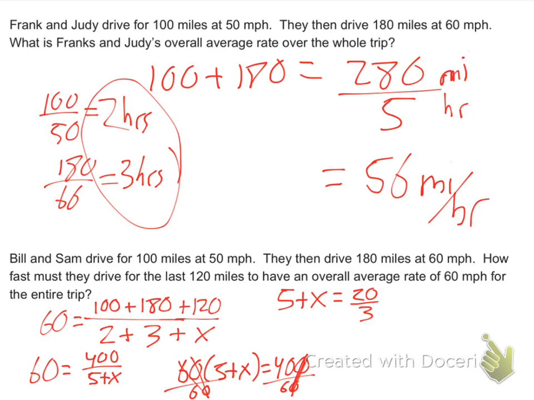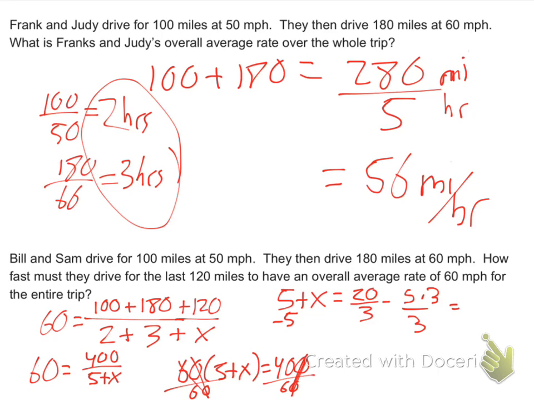Not a nice number, but now all I have to do is what? Subtract 5. I got to get a common denominator. Oh, man. Multiply bottom and top by 3. 5 times 3 is what, guys?